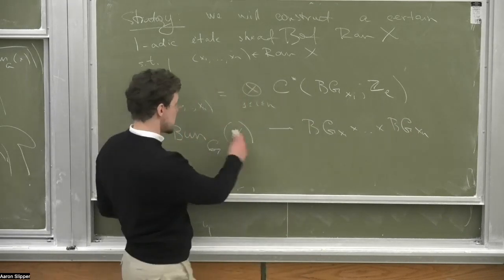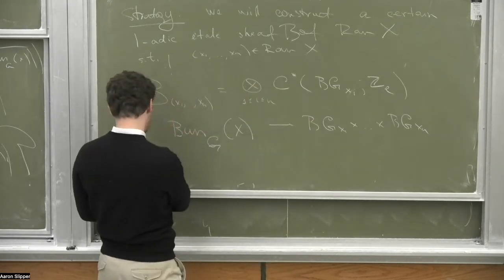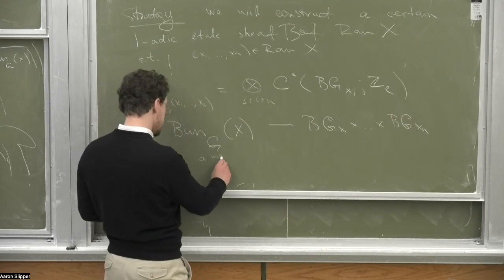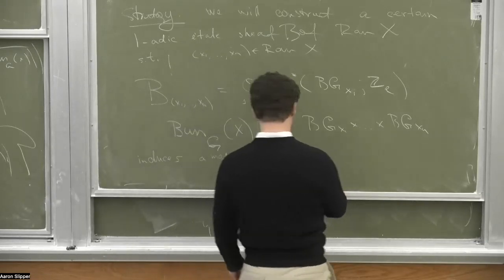So there's a map like this, and this map induces a map of homology. It's going to go like this.